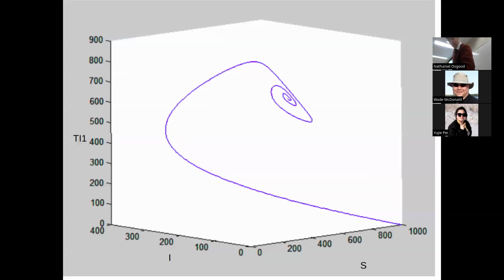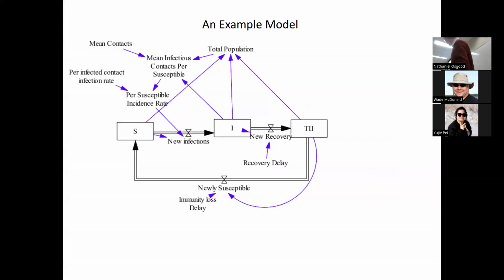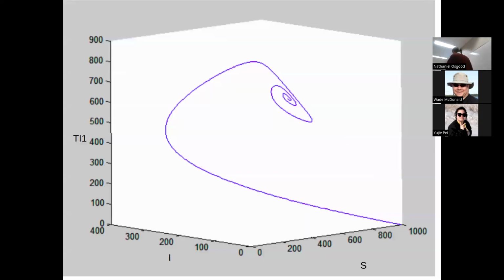If we had a model like this with susceptibles, infectives, and temporarily immune people, we might see an evolution in state space, in this space where each axis is given by the value of some, in this case, stock, the state of the system. And it can evolve in a trajectory over time, where as those stocks change, its location in state space changes.